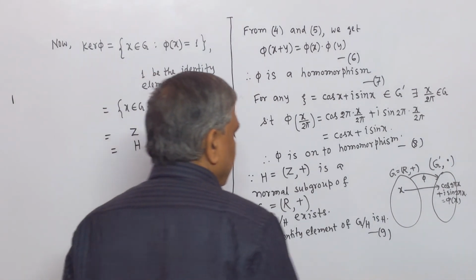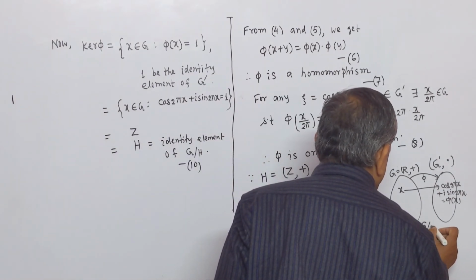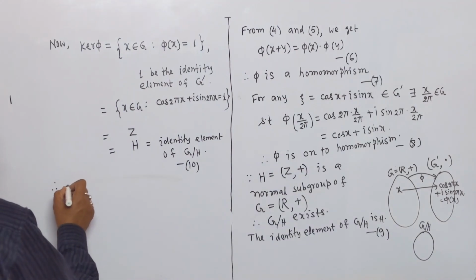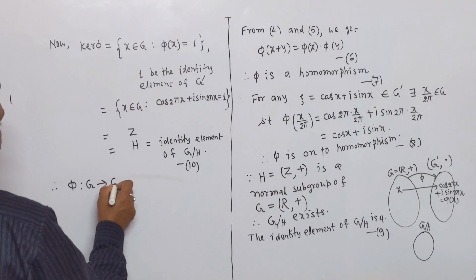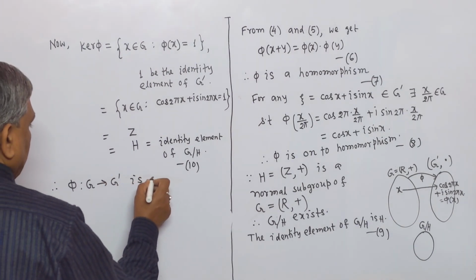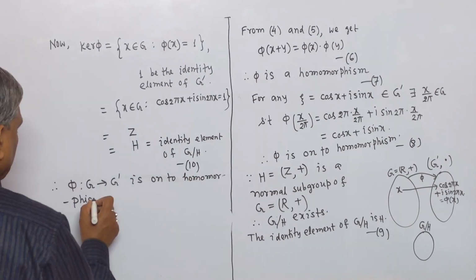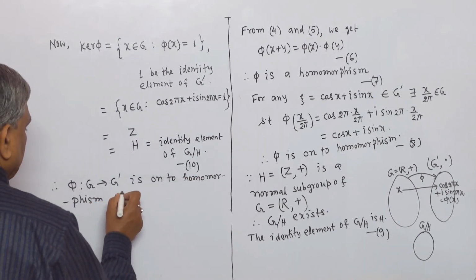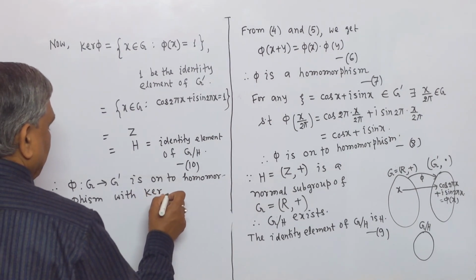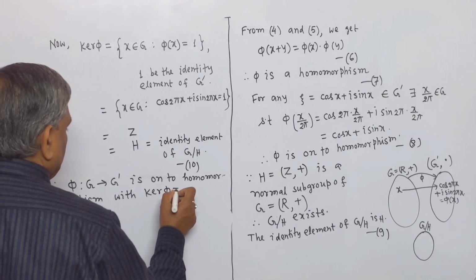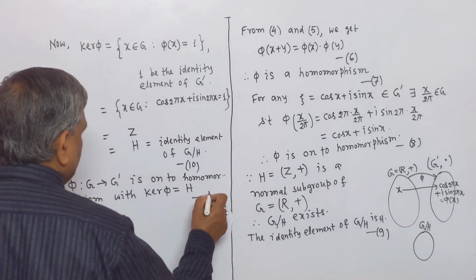Here we have G by H. Therefore, phi defined on G into G prime is onto homomorphism with kernel of phi equal to H. This is number 11.